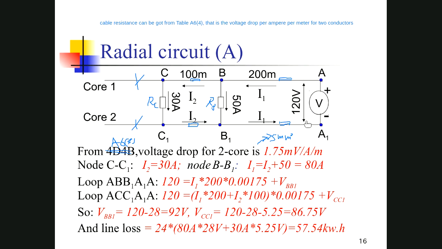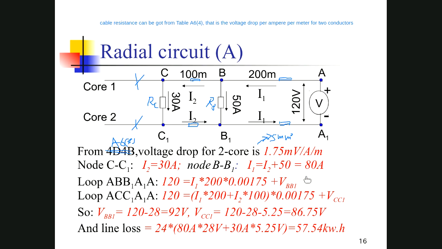The voltage drop is 200 meters long with I1 and 100 meters long with I2. The voltage drop per ampere per meter for the same cables is 0.00175 volts per ampere per meter. And the voltage across C and C1 is VCC1. So we have two of these equations.